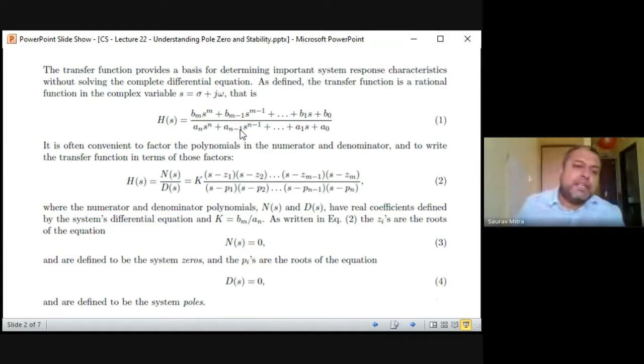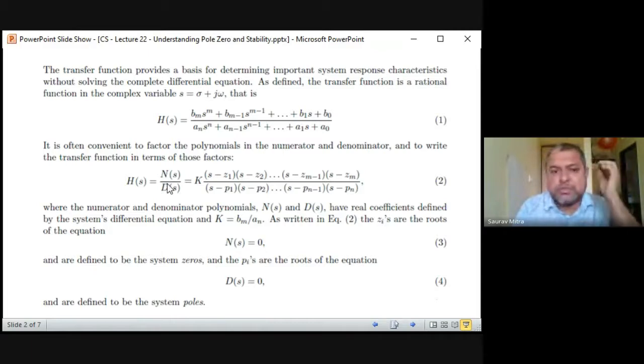Certain times we find that the numerator has no polynomial, so all these b_m and so on are equal to 0. That means there is no s in the numerator and there is only a constant, or maybe a multiplying factor k. So you see here, H(s) equal to N(s) by D(s). So N(s) by D(s) is called the numerator polynomial by the denominator polynomial.